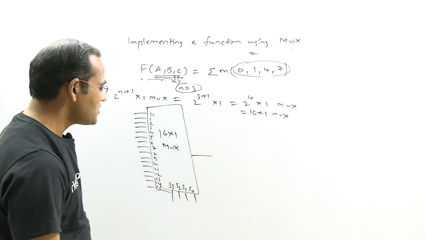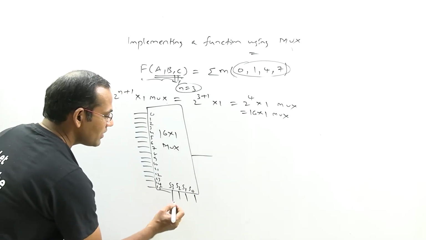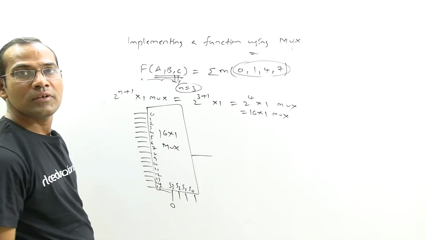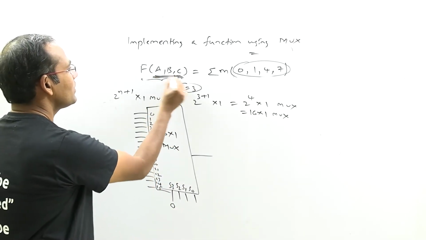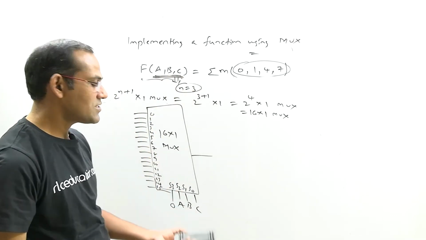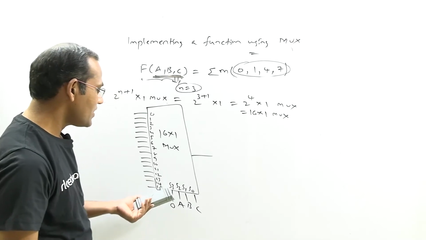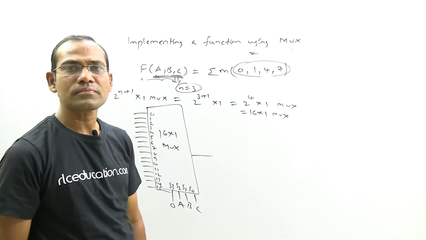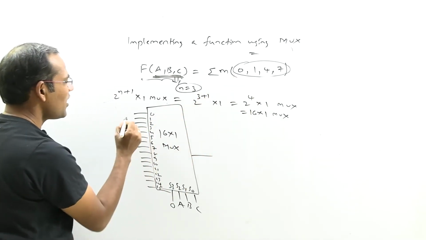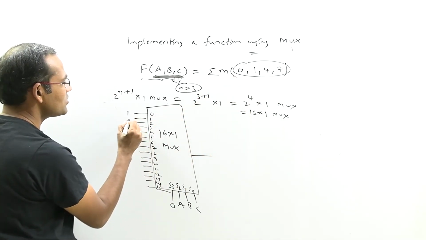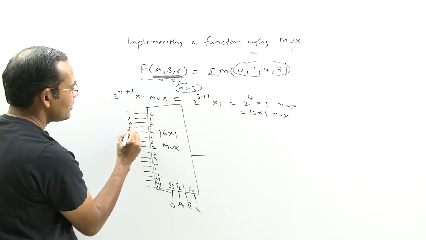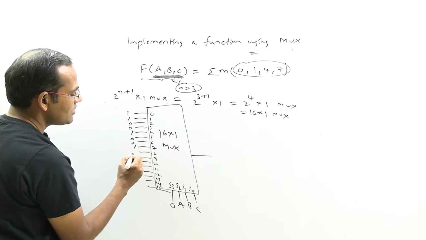And the implementation procedure is: maintain S3 at 0, and connect ABC here. S2, S1, S0 must be ABC, and S3 is always 0, and at these positions apply 1, that is at positions 0, 1, 4, 7, apply 1, and the remaining will be 0.